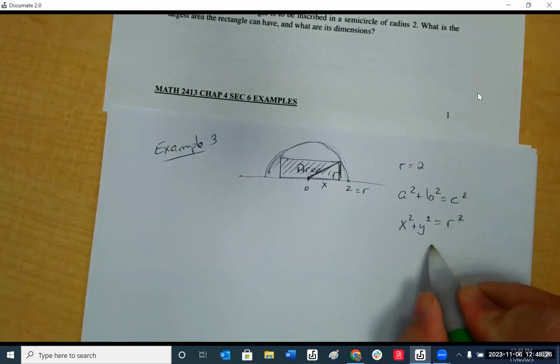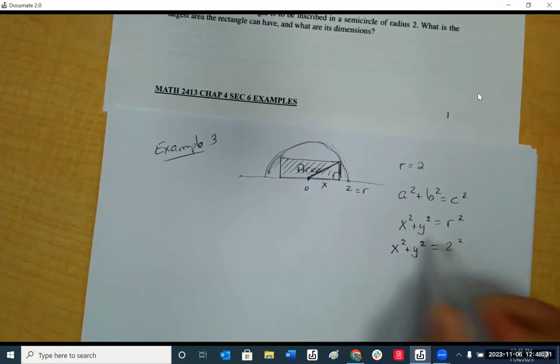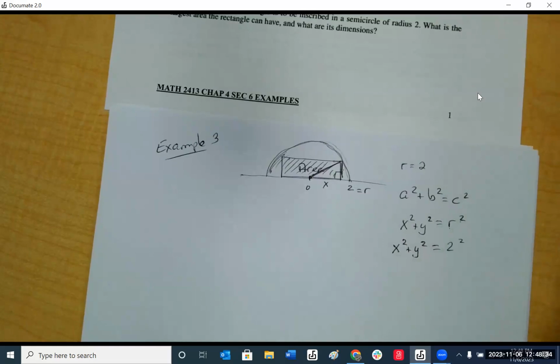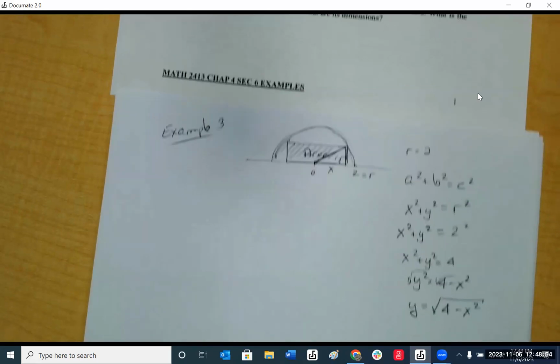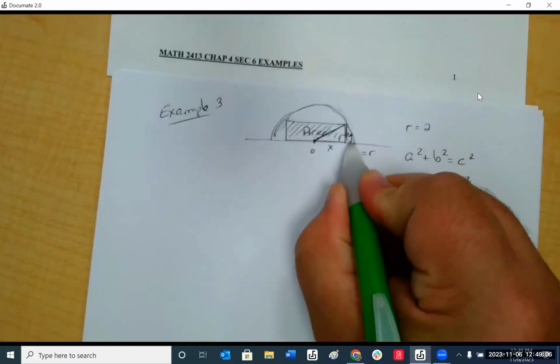The radius is 2, so it's x squared plus y squared equals 4. Solve for y. So y is equal to the square root of 4 minus x squared. That's the y.